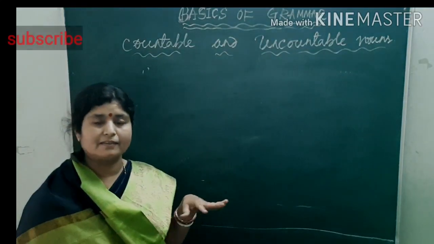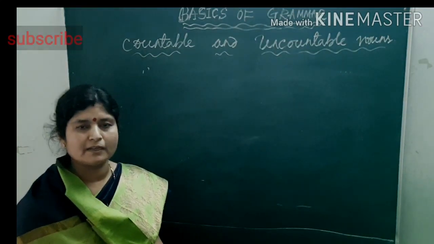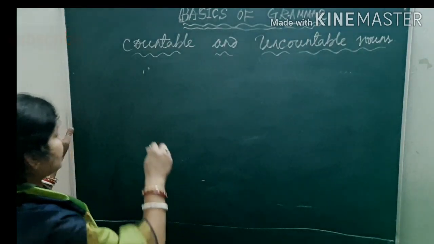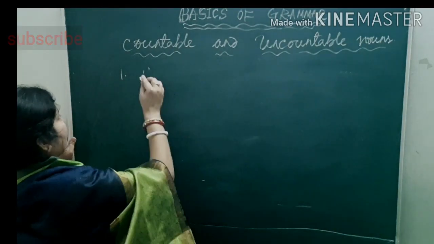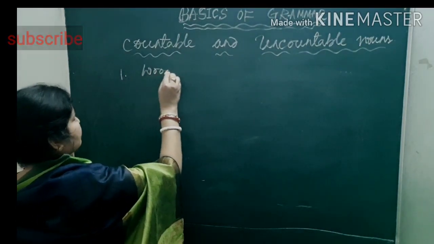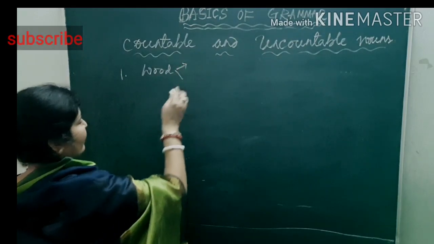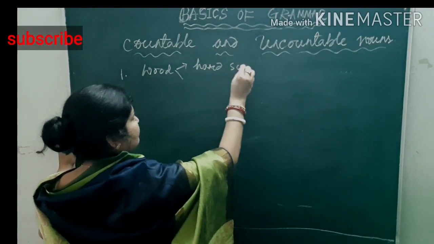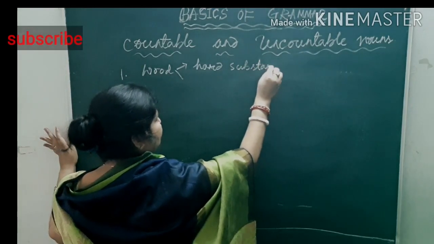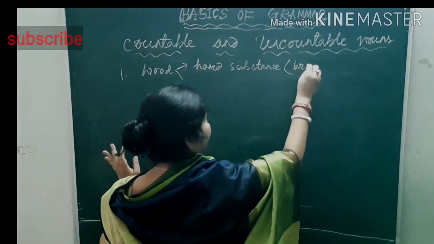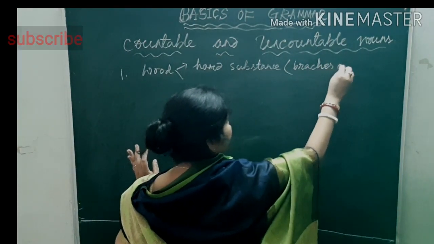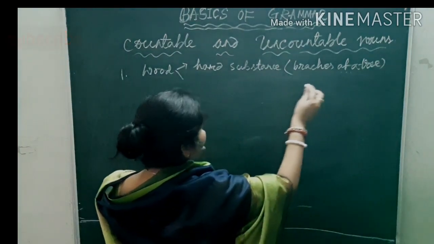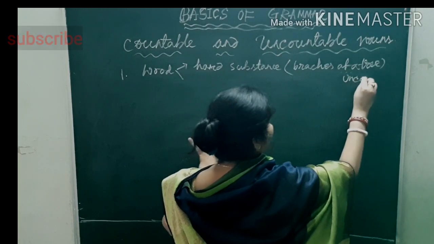Some nouns can be used as countable and at the same time uncountable, according to their use. First, the example of wood. When wood is a hard substance, meaning branches of a tree, it is used as uncountable.